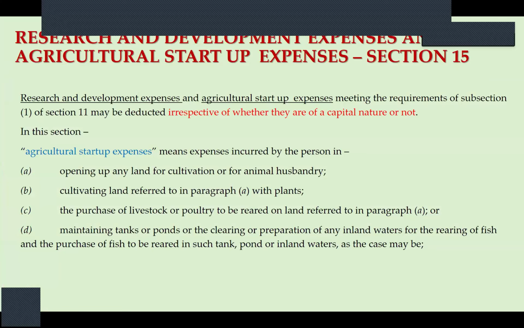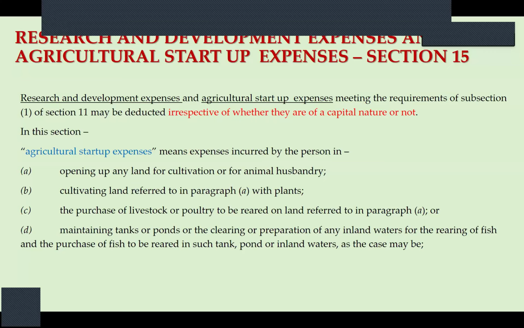Then the next deduction rule is research and development expenses and agricultural startup expenses. That means if any person incurred expenditure for research and development or agricultural startup, that expenditure can be deducted under section 15.